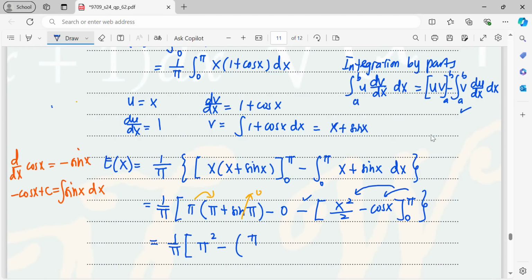I get pi squared over 2 minus cos pi. Then minus, put another bracket, a square bracket. So now I replace the x by 0. So 0 minus cos 0.